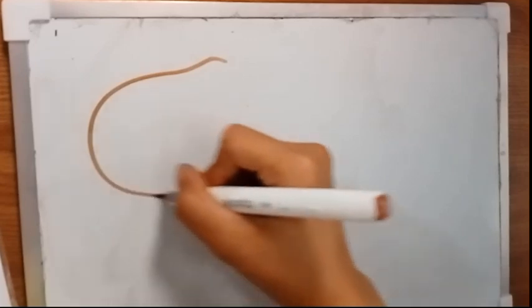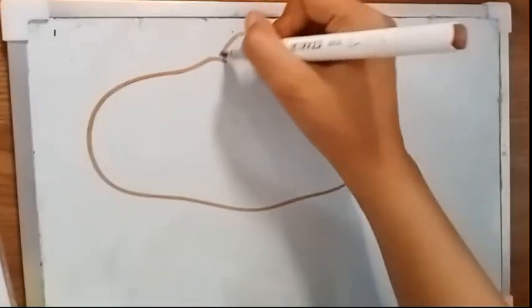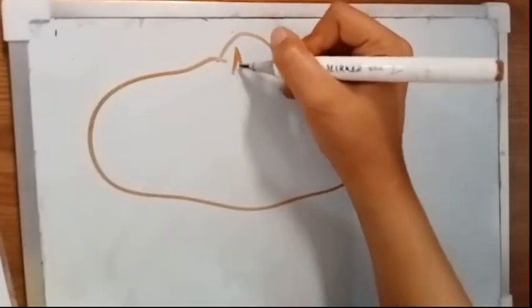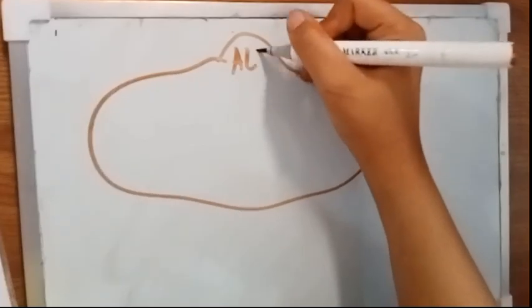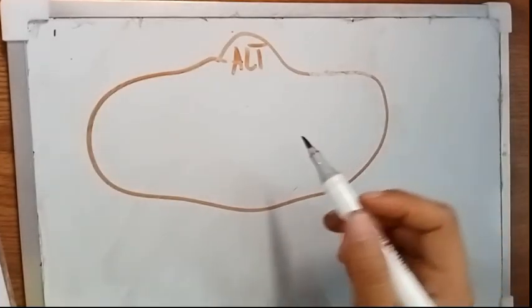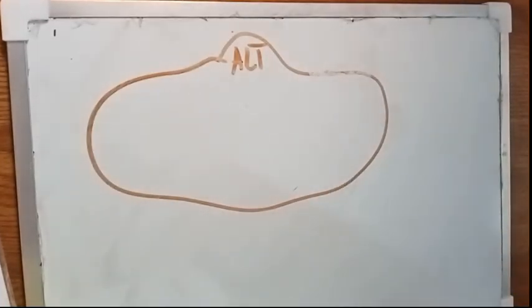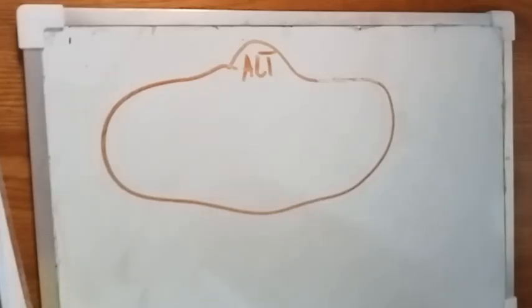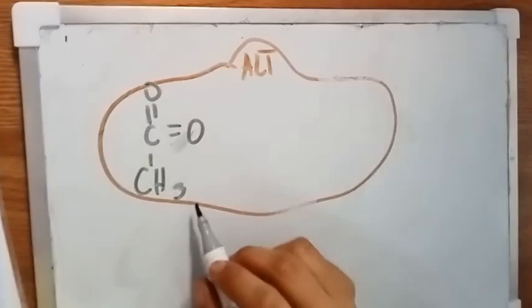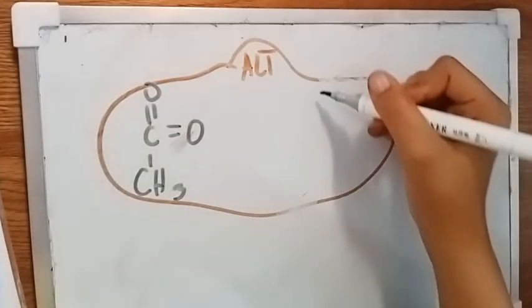So let's break it down for you to better understand it. So we have here the active site of the enzyme alanine aminotransferase, and we have here the pyruvate.